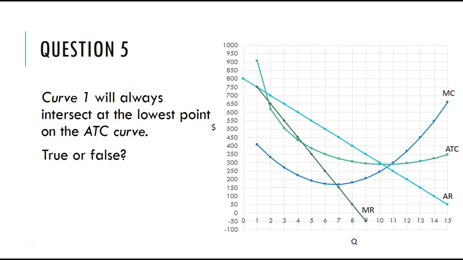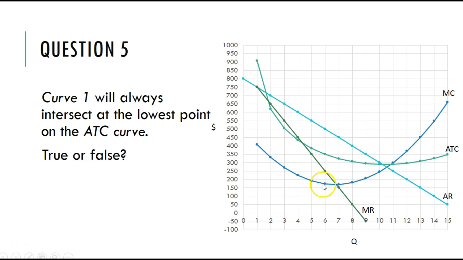Question 5. Curve 1 will always intersect at the lowest point on the average total cost curve. True or false? Well, that's true. And we know that because this is just a mathematical relationship between averages and marginals.